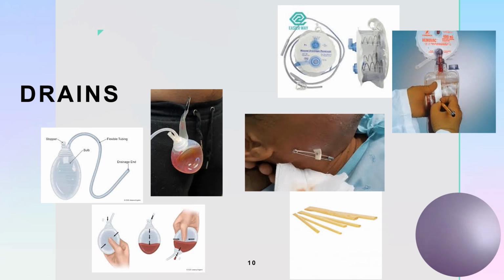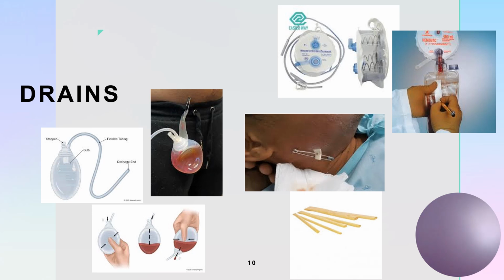In the upper picture, this is what we call a Hemovac. A Hemovac is similar to the JP drain in that you have to squeeze it and close the cap to activate that suction. It can also come with a bag where you can retransfuse the blood that comes from it. These are often used more in your orthopedic surgeries.